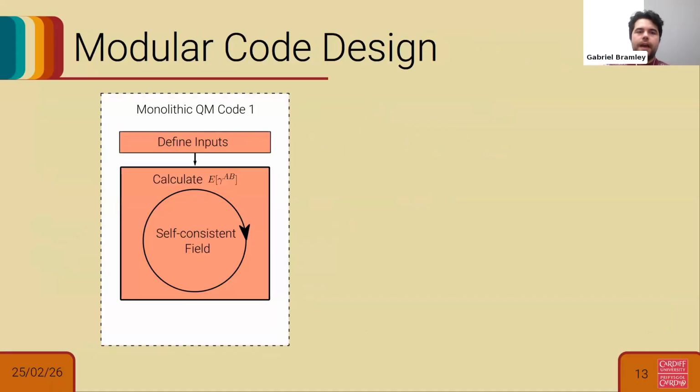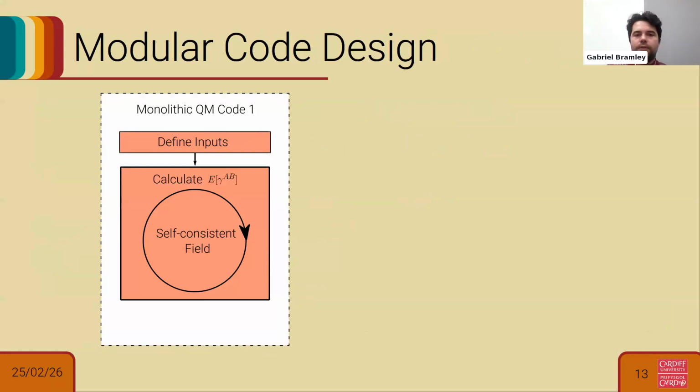So this is all well and good, but as you've probably surmised, you have to perform 3 different calculations. Many electronic structure codes generally have a monolithic design, where you can just treat them as a box where you put in input and it performs a self-consistent field calculation and calculates the total energy.